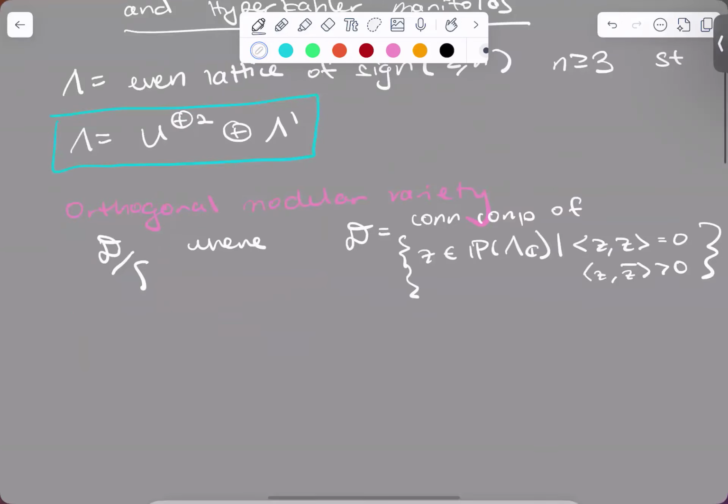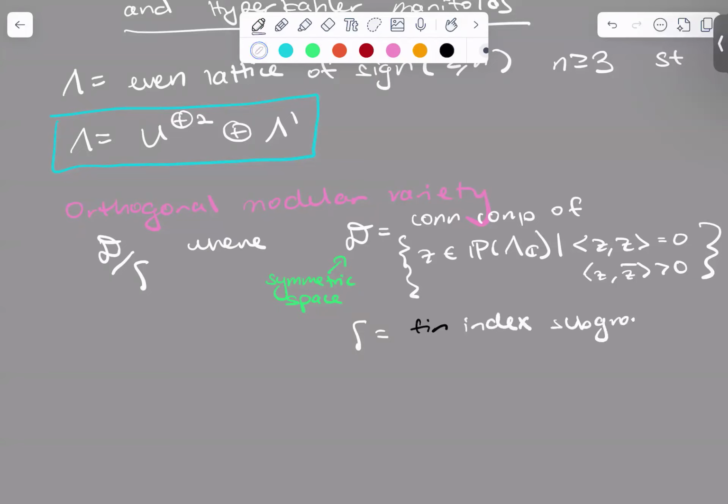And then gamma, this group I'm quotienting by. So this D is some symmetric space, and this gamma that I'm going to quotient by is some finite index subgroup of a group that I'll denote O plus lambda.